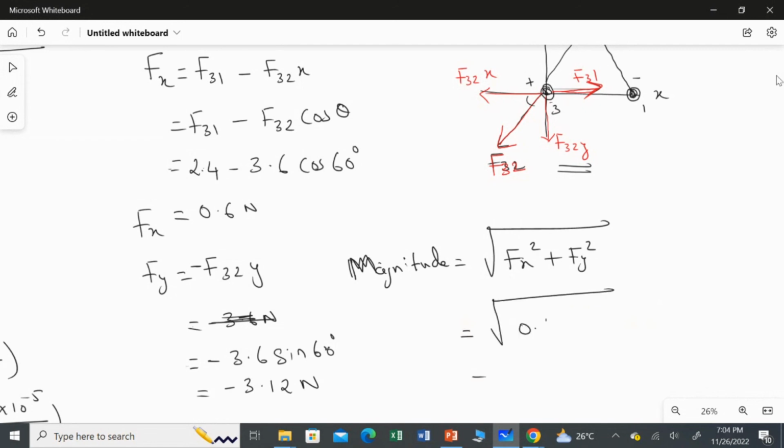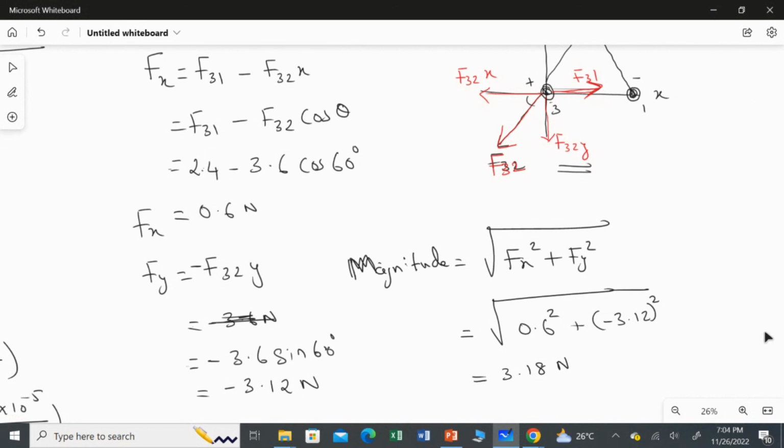X component is 0.6 square plus minus of 3.12 the whole square, which is equal to 0.6 square plus 3.12 square, 3.18. What's the answer? 3.18 is our magnitude. Clear?